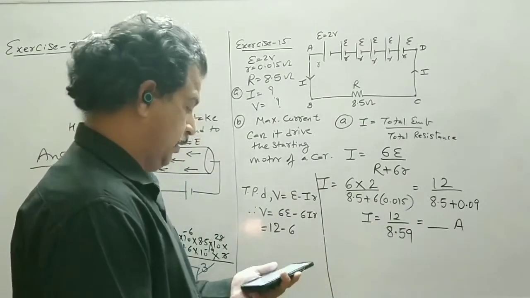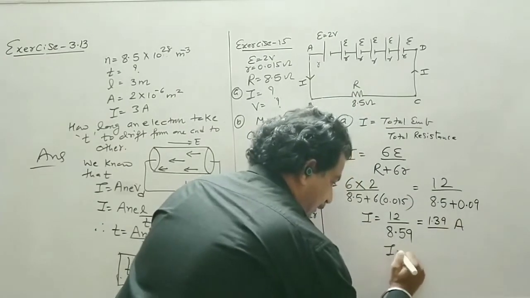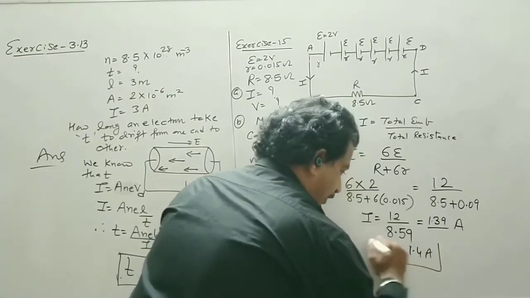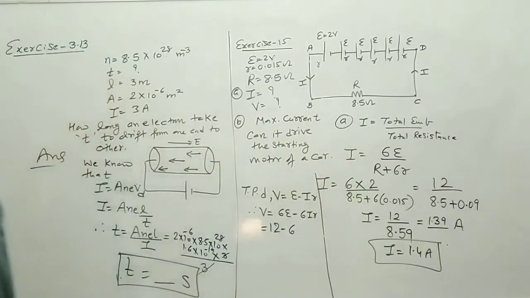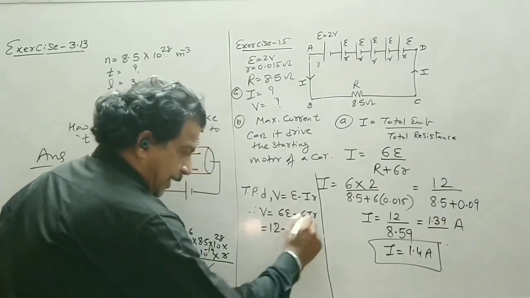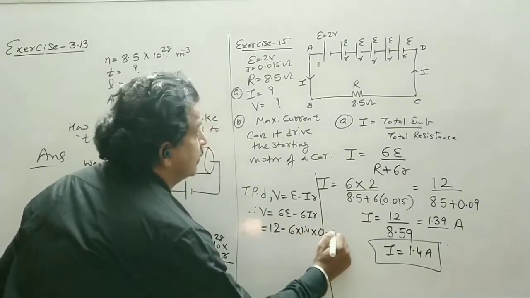It comes out to be 1.39, that is approximately taken as 1.4 ampere. So if I take this value approximately equal to 1.4 ampere, then it becomes 6 into I, which is 1.4, into internal resistance 0.015.